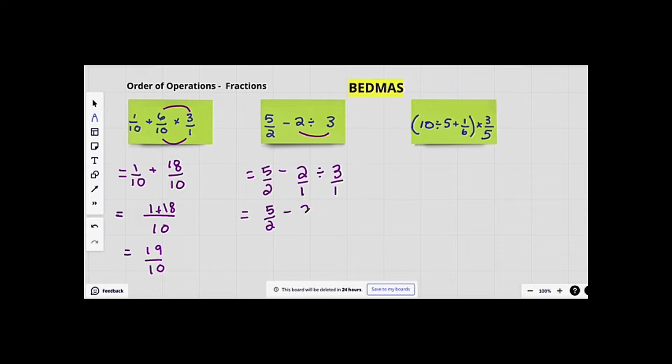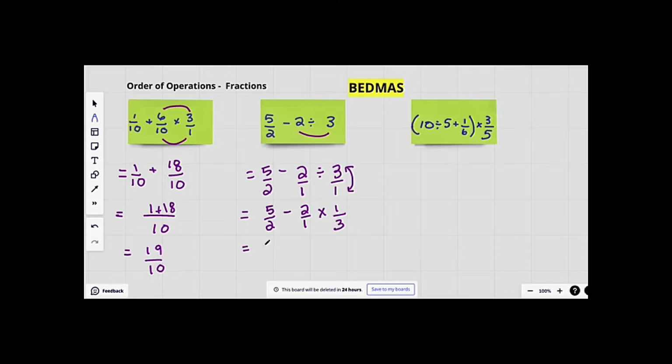The rule for division of fractions is that we flip the second fraction and change the sign to multiplication. The number at the bottom goes at the top, and the number at the top goes at the bottom. Then we can multiply.